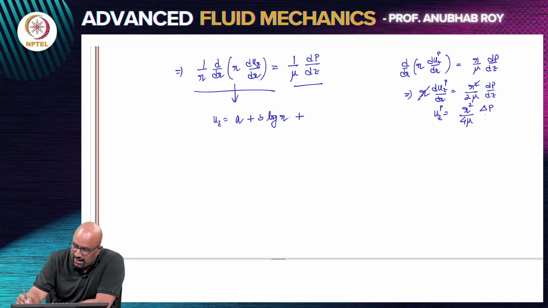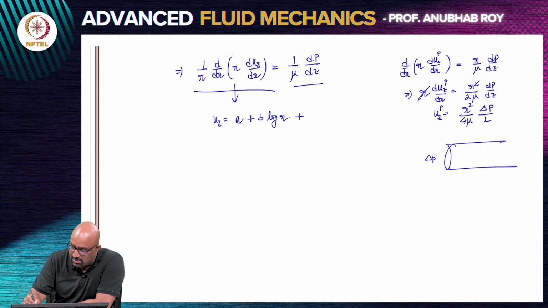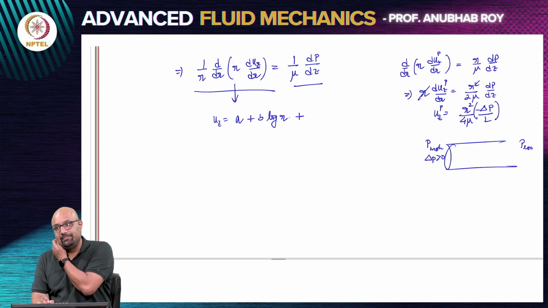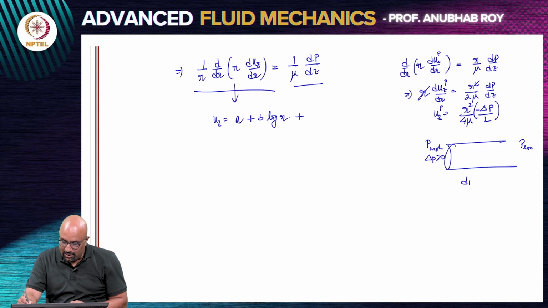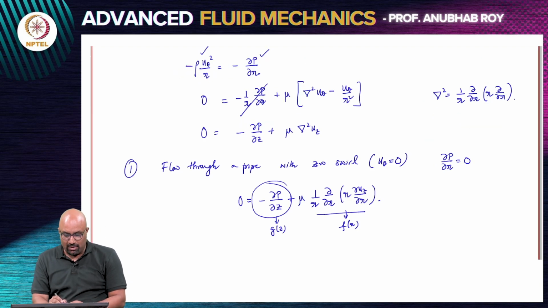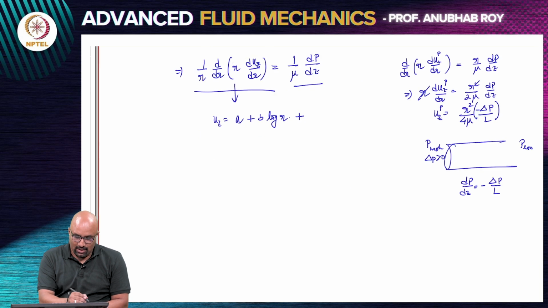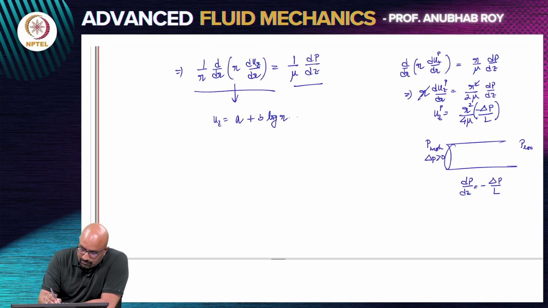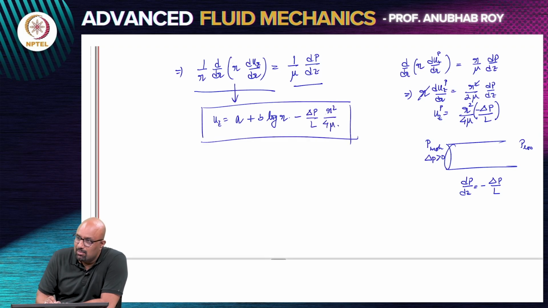I will write this as del P by L. Now, if I say del P positive implies that there is high pressure here and low pressure at the outlet, then I can write this as minus del P by L. I am just writing dP dz as minus del P by L. So I started off from my viscous equations, and then with my homogeneous and particular solution, I arrive at the following as my velocity profile.